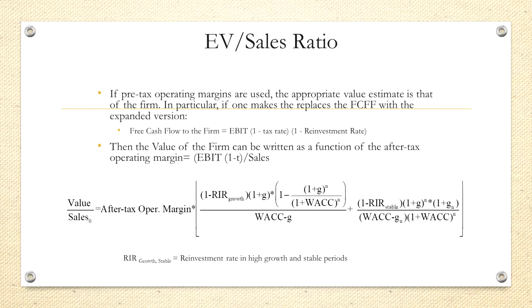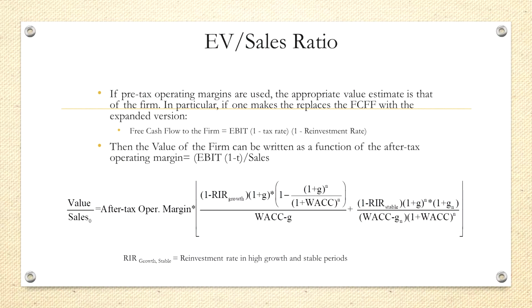So sales could be a good denominator for you to utilize to develop certain valuation multiples. And here is the EV to sales ratio. Of course, you can use the stock price to sales ratio. Here we use the EV to sales ratio or even the firm value to sales ratio.